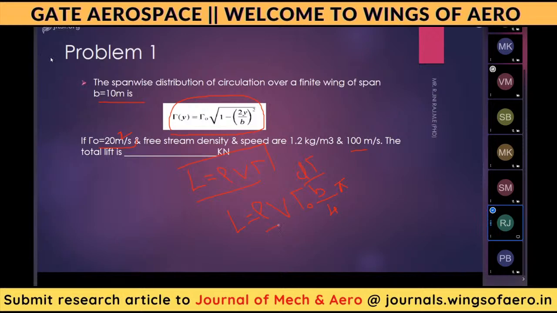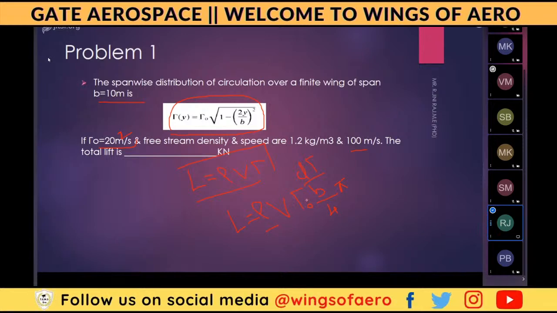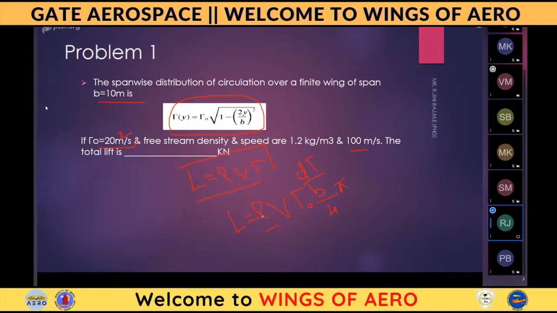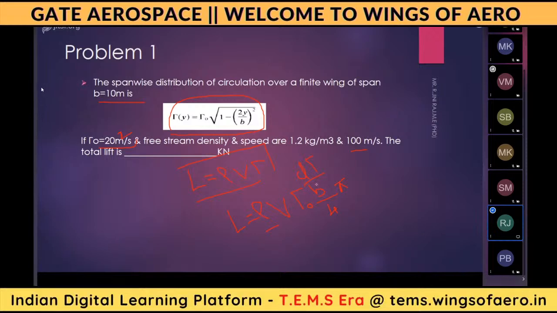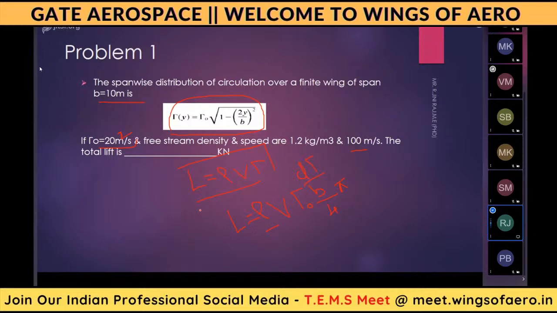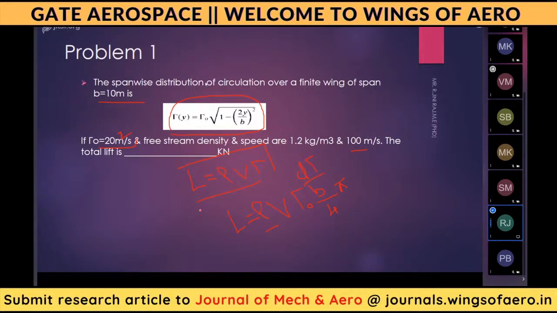Here in the denominator, we will be having meter cube. So we will be cancelling, and we'll be getting kilogram divided by meter second square. So the unit will be kilogram meter per second square.